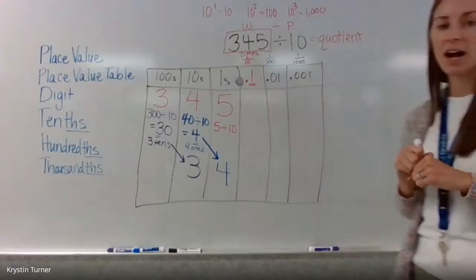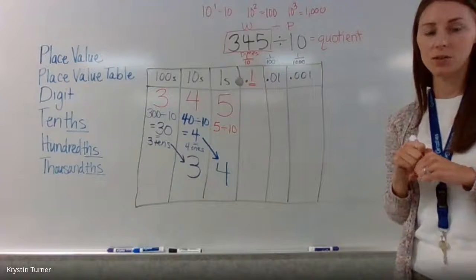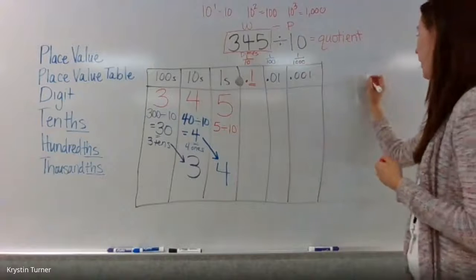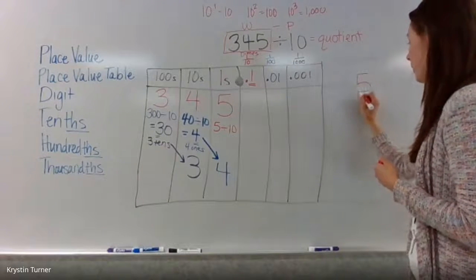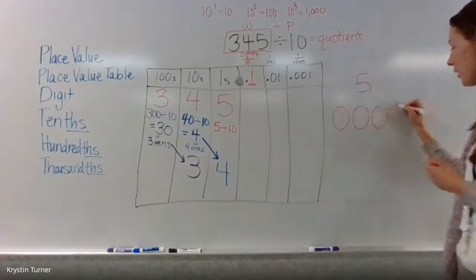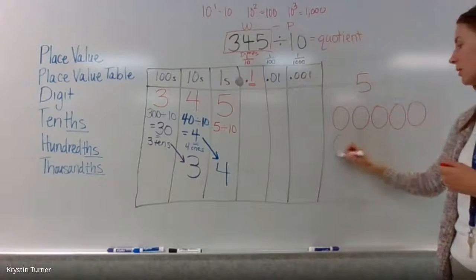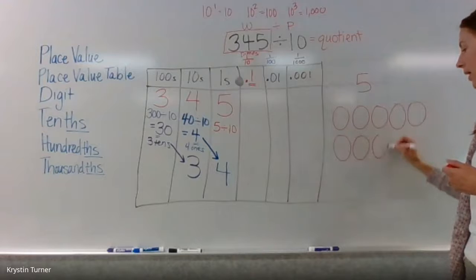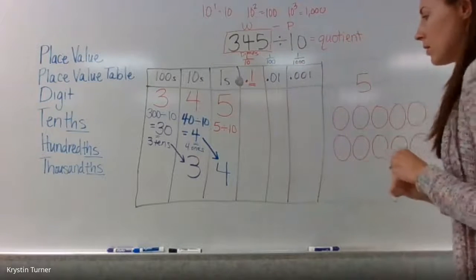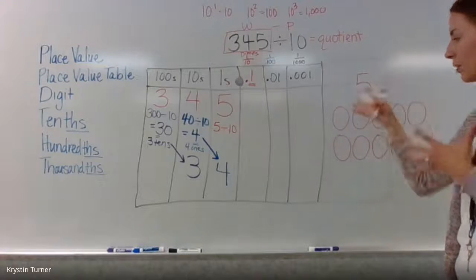So for 5 divided into 10 groups, right? I'm going to have 5, and then I'm going to put something into each group. 1, 2, 3, 4, 5, 6, 7, 8, 9, 10. So I'm going to think how much could go into each group.